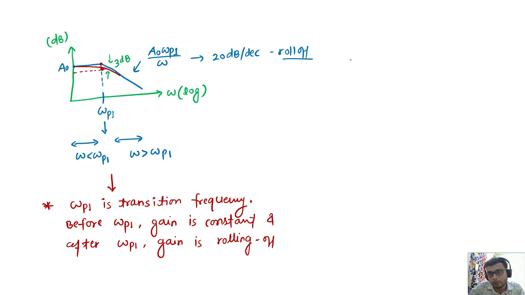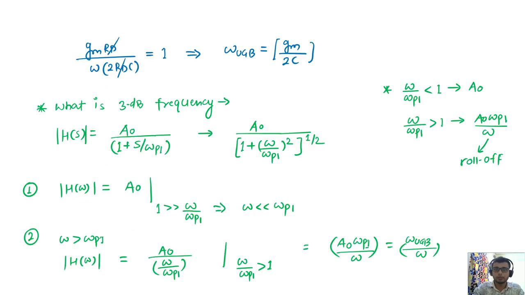It is also called the 3 dB frequency, because my gain is rolling off for the first time. Gain goes nearly 3 dB down from its DC value at the 3 dB frequency omega p1. So this is the information about this plot.